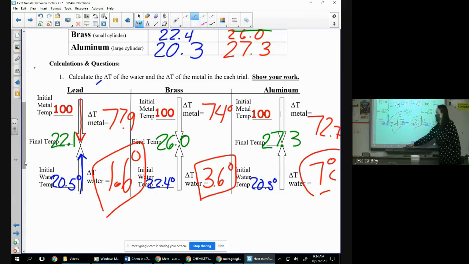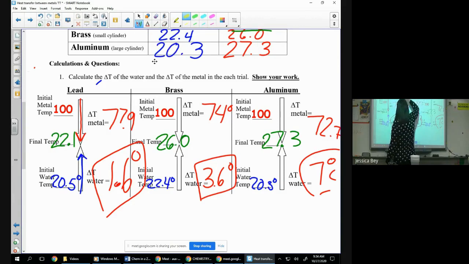So now we have some math that's going to help us start to figure out how much energy was in these things, okay? The lead and the aluminum and the brass all heated up a different amount. So in the post-lab questions, I want to come back to this. When you chuck the really hot lead in, it only warmed up the water 1.6 degrees.